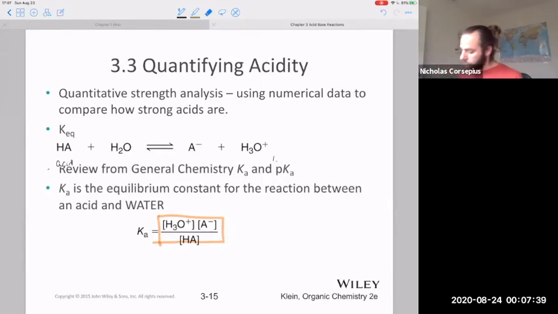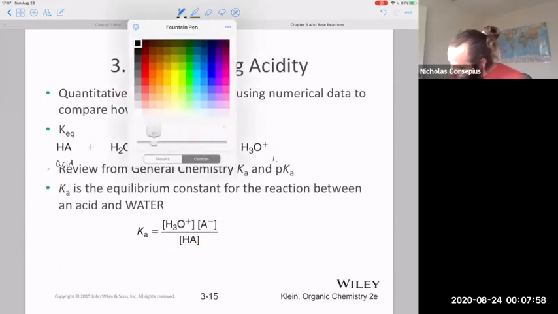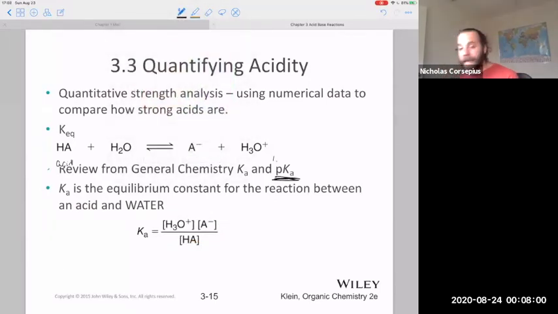So this is the formula that we're going to use to talk about our chemical equations. Notice that if I have a Ka that's way bigger than 1, that's a reaction that very much favors the products. Ka less than 1 will favor the reactants. And to make things even more convenient, we actually use what's called a pKa, which is when we take the negative log of the Ka.